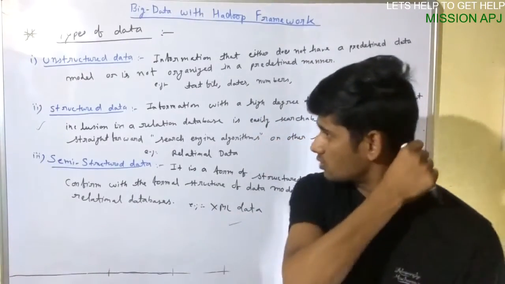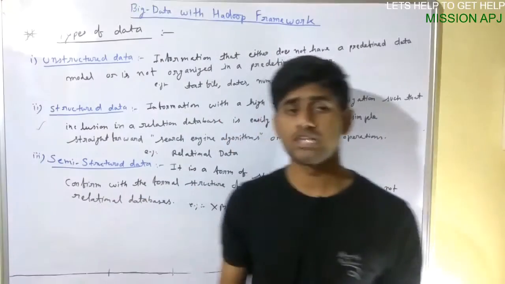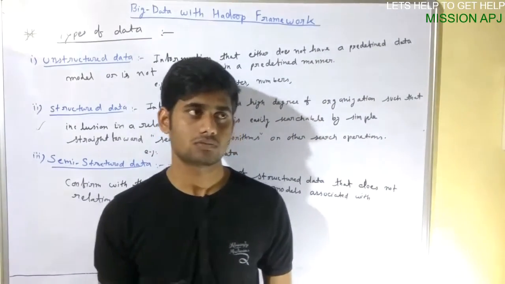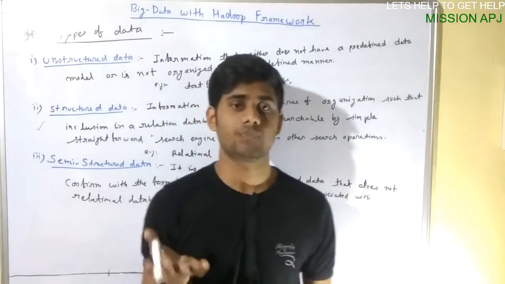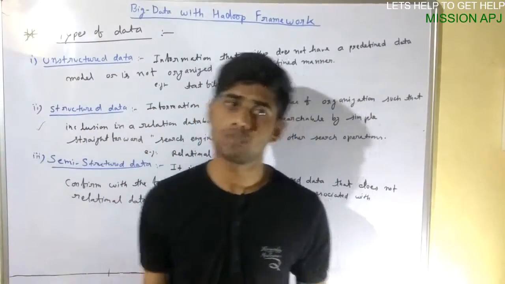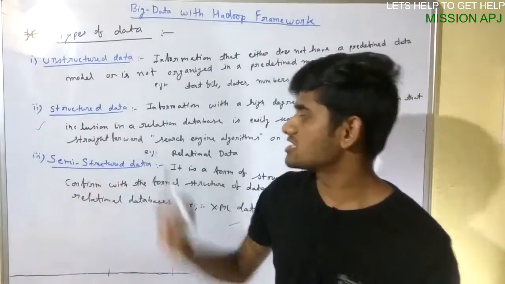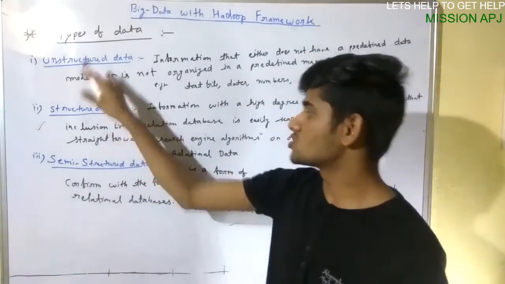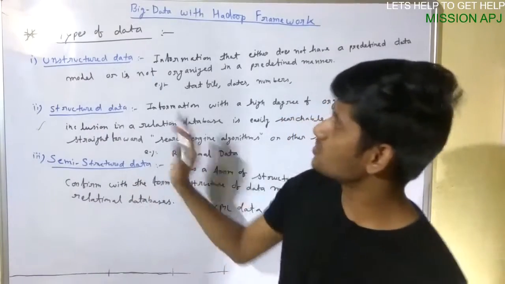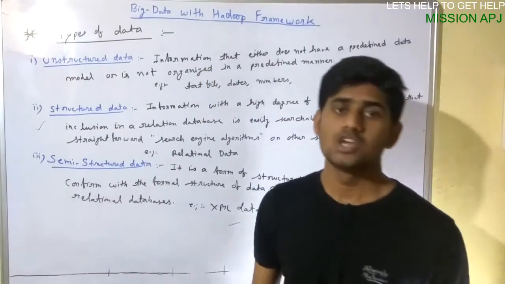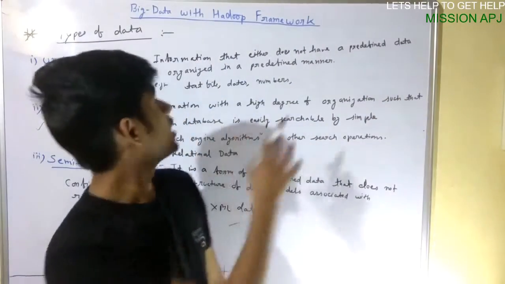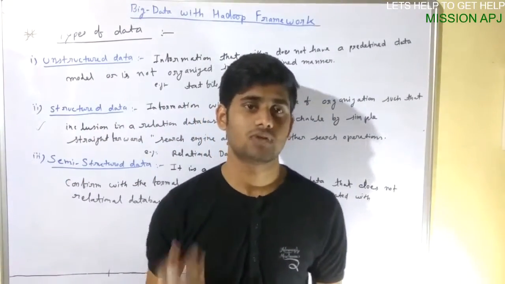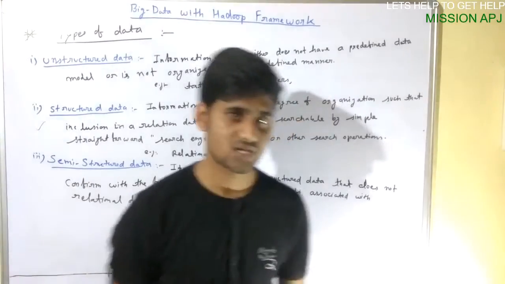Earlier we learned about the problems we face with databases, the problems with big data. Now unstructured and semi-structured data is also a problem, on top of the earlier problems, and these problems are solved by Big Data with the Hadoop framework. That's why we have studied these things.